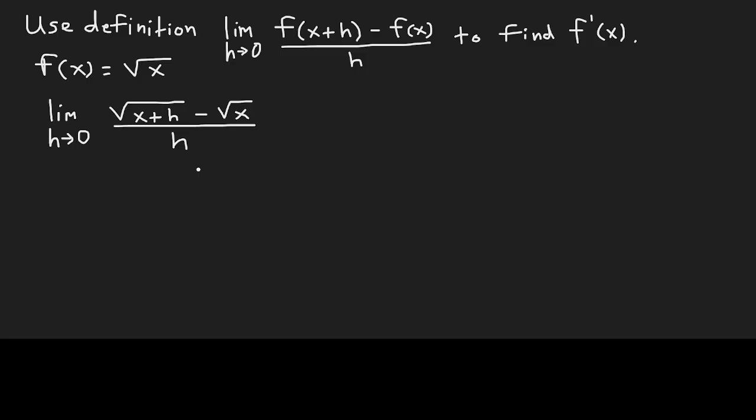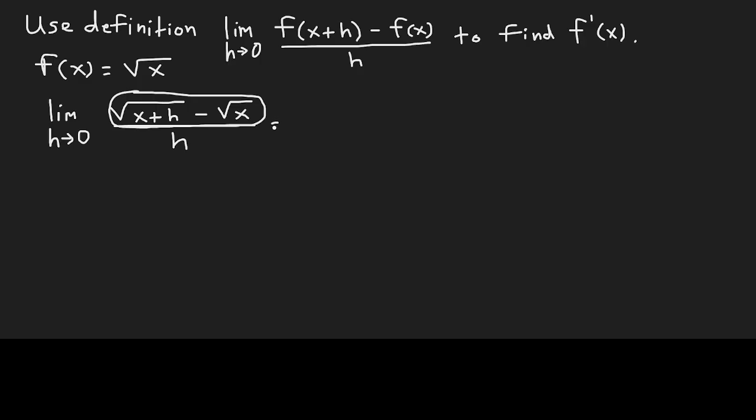One way to do this is to multiply the top and the bottom, the numerator and denominator, by what's called the conjugate of this expression, the square root of x plus h minus square root of x.